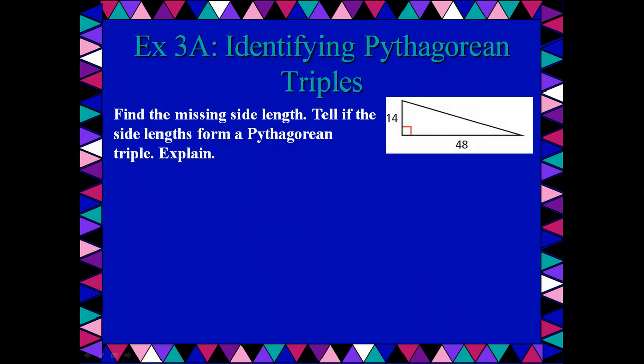Identifying a Pythagorean triple. Find the missing side length and tell if the side lengths form a Pythagorean triple, and we're going to explain why. So we have a triangle with the legs 14 and 48. First we use the Pythagorean theorem. We substitute 14 for a and 48 for b.